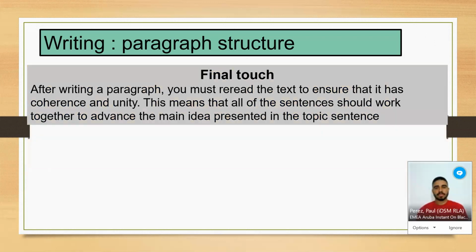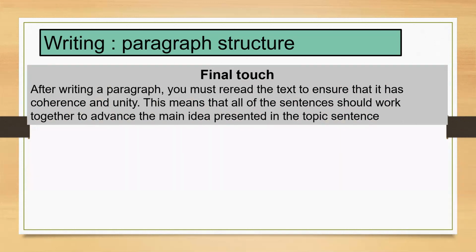Very good. So the final touch, after writing a paragraph, you must read the text to ensure that it has coherence and unity. This means that all of the sentences should work together to advance the main idea presented in the topic sentence, okay? Después de que ya hicimos nuestra conclusión, nuestro último renglón del párrafo, pues hay que darle otra leída para ver que todos los elementos o todos los enunciados que hemos puesto en un párrafo estén acorde con lo que estamos diciendo, ¿sí?